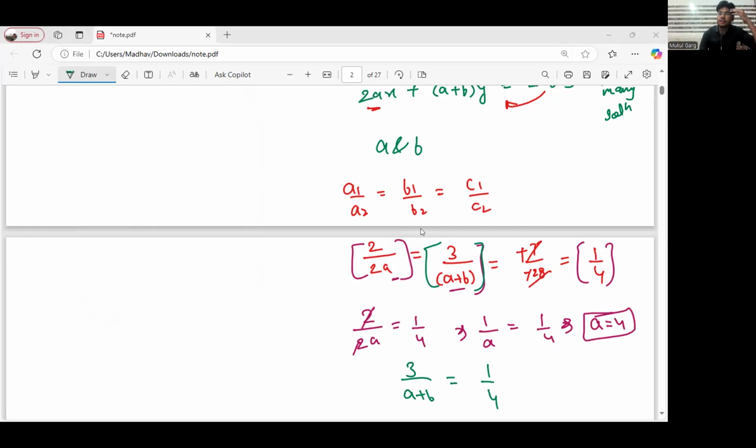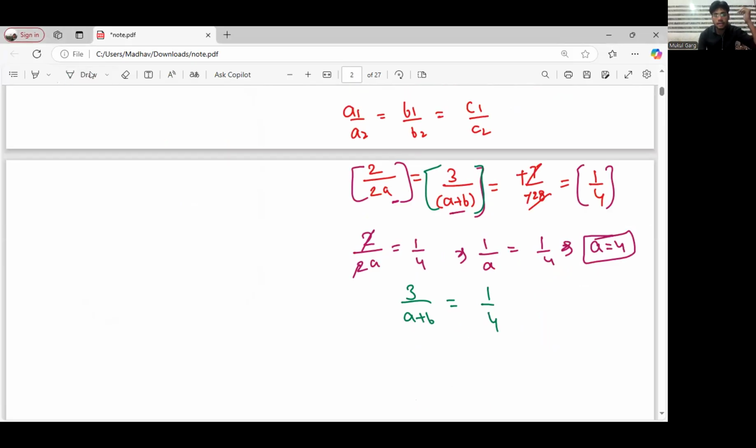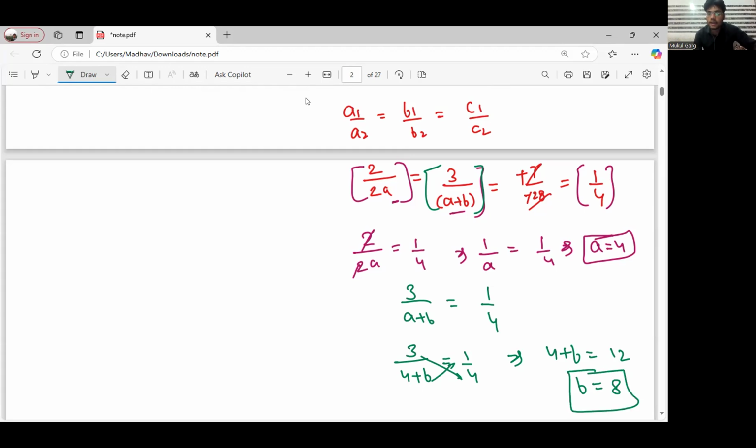I already got the value of a, so let me put down the value of a here. That's 3 upon 4 plus b equals 1 upon 4. Do the cross multiplication. What are we going to get? 4 plus b into 1, so we are going to get 4 plus b. Now 4 into 3 is going to be 12. So from here, b is going to be 12 minus 4, that is nothing but 8. So we got the values of a and b as 4 and 8.